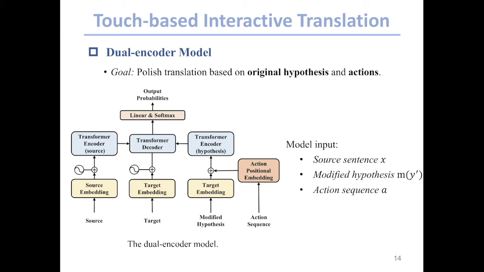We design a dual encoder model to generate refined translations. The model includes a transformer encoder and a transformer decoder, as in standard transformer-based models. To incorporate y', we add another encoder into the model, which we call the hypothesis encoder. Different from the transformer encoder, the hypothesis encoder uses an action positional embedding instead of fixed positional embedding.